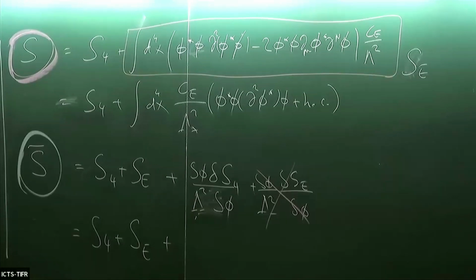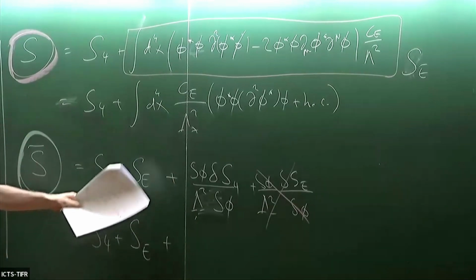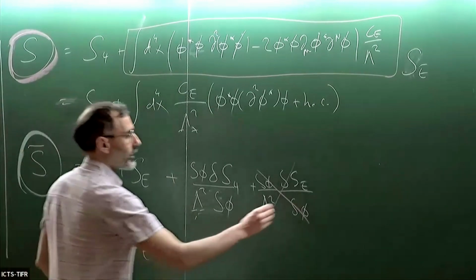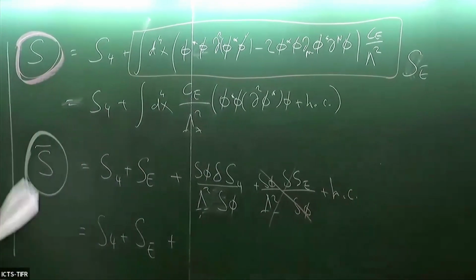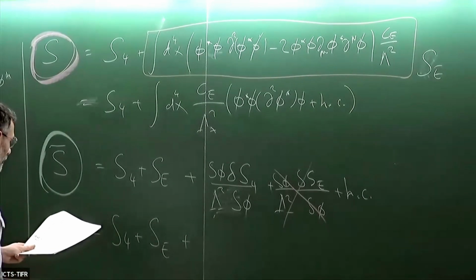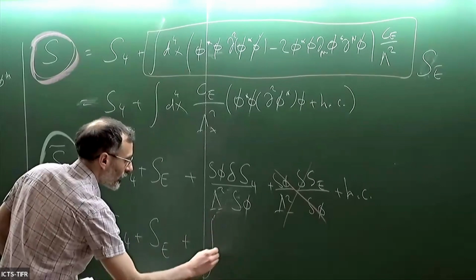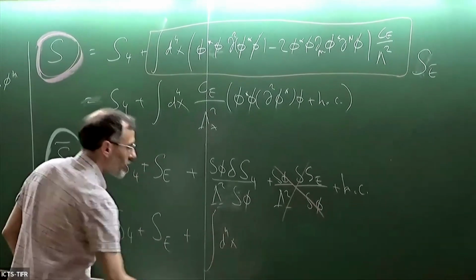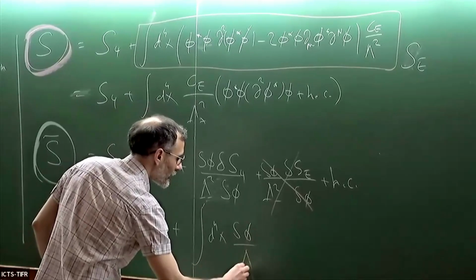Any other question? Oh, and by the way, this is a complex field, so we treat them separately. There's the field and its Hermitian conjugate variation as well, which is just taking the Hermitian conjugate there. Righty, so the variation in here will be the equation of motion for the field times the variation, which is delta phi over lambda squared.